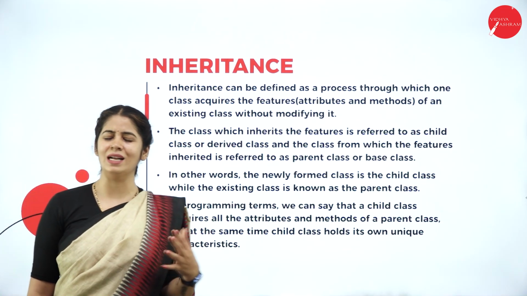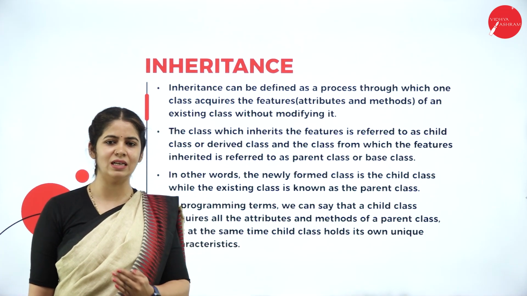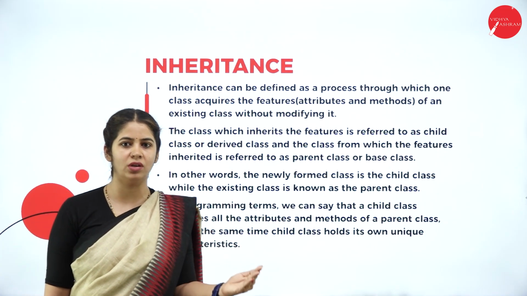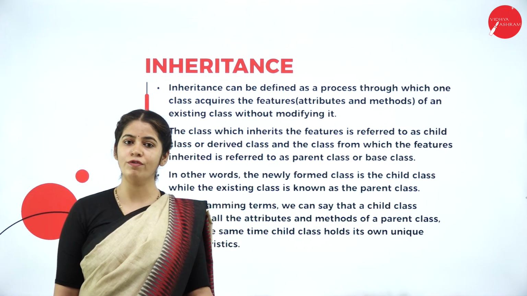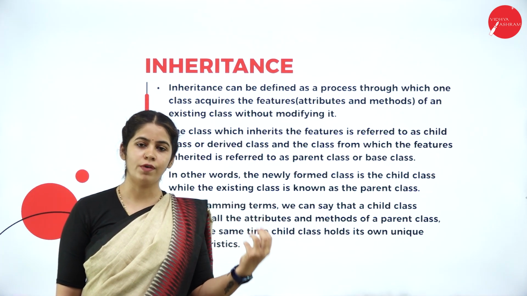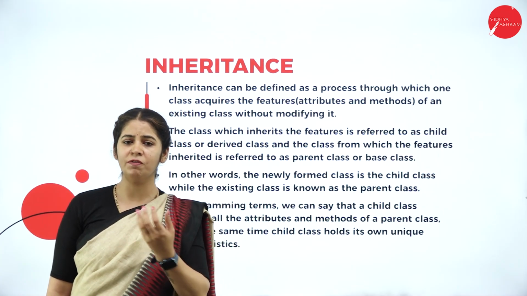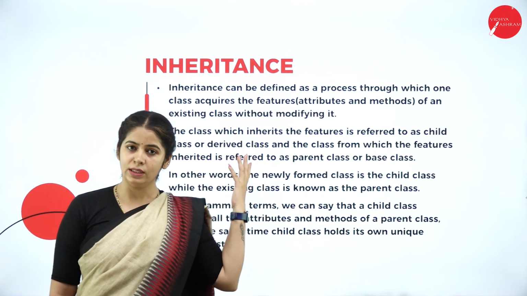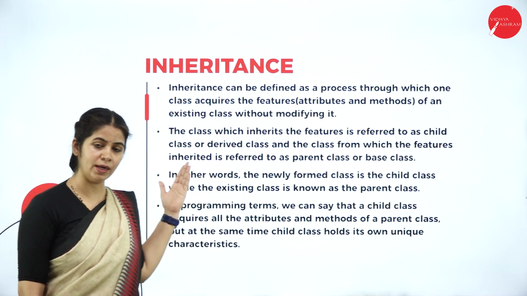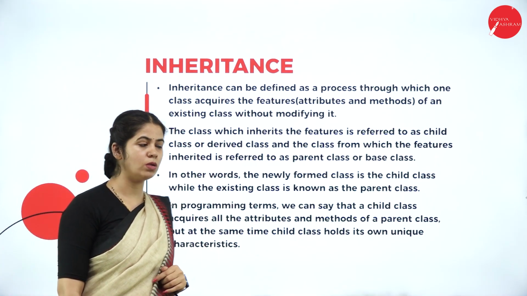You can relate this inheritance exactly with your genetic inheritance. You are inheriting some of the qualities of your parents, some from your father, some from your mother, or some from your grandparents also. The same exactly we are implementing in programming concepts.